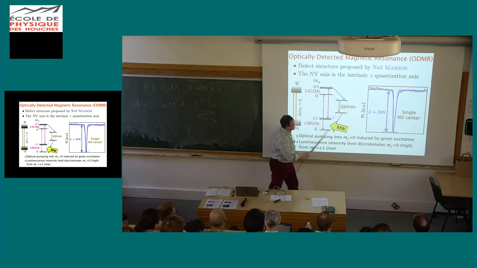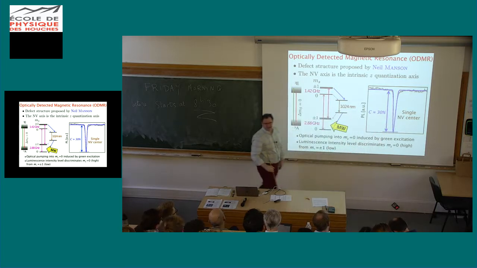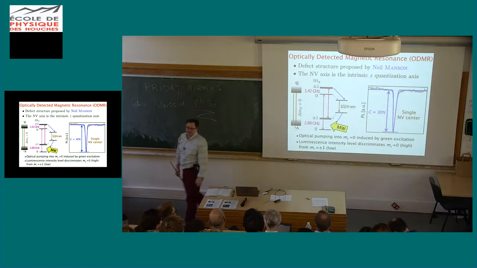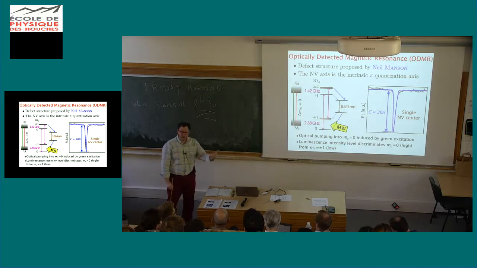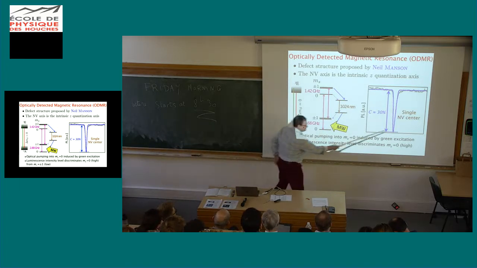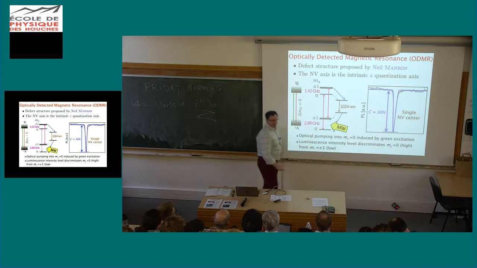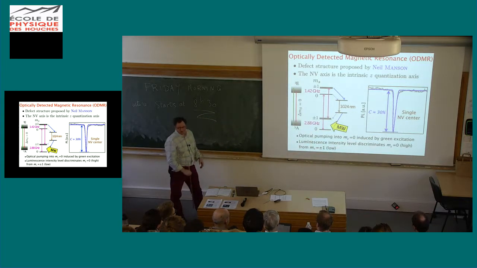Then, above the resonance, we again recover the bright luminescence. So we can very easily discriminate the 2 levels and observe by simple optical means the resonance of the NV centers. This is what is called optically detected magnetic resonance.